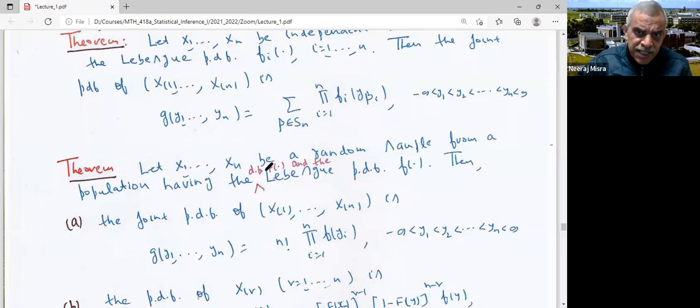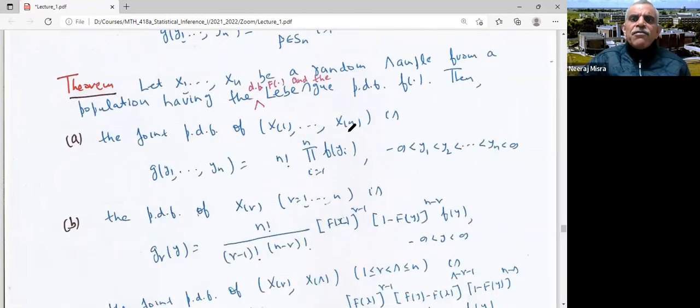They will have the same distribution function, which I'm denoting by capital F, and the same PDF, which I'm denoting by small f. Then the joint PDF of X1, X2, ..., Xn is factorial n times the product of f of yi, for minus infinity less than y1 less than y2.